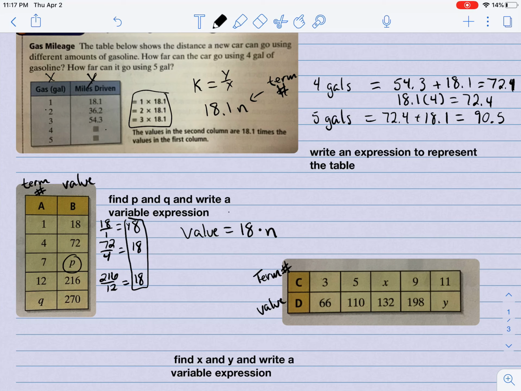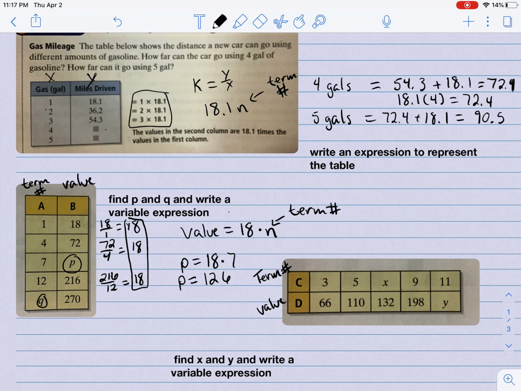We want to find out what our value is. It is 18 times n, which is our term number. So to find our value for p, p equals 18 times 7. And when you take 18 times 7, you'll get p is equal to 126.